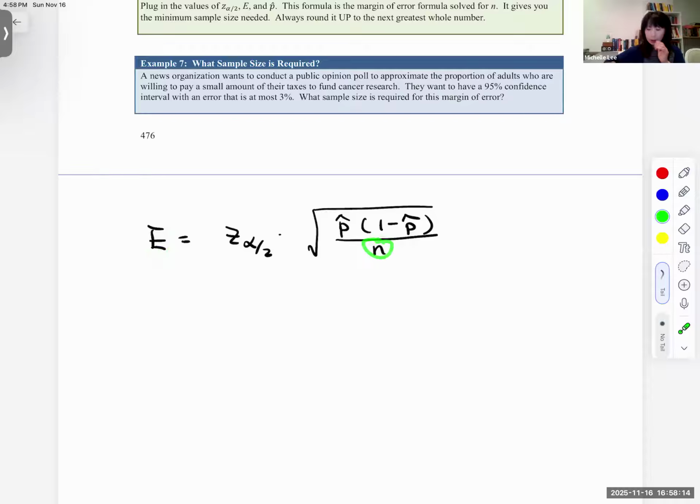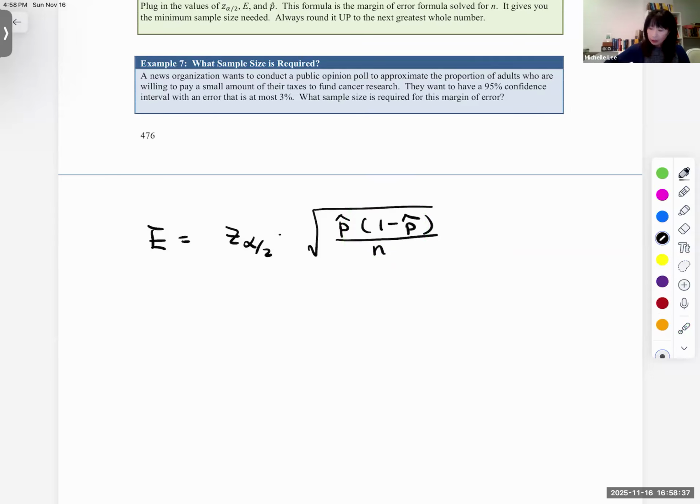Because n is in the denominator of the fraction. So when this is smaller, the whole fraction is bigger. When this is bigger, the whole fraction is smaller, right?